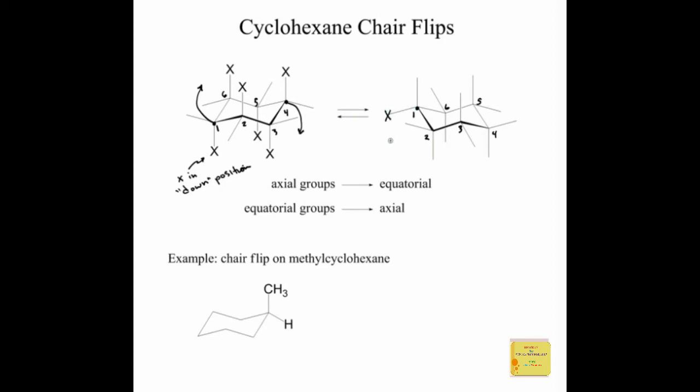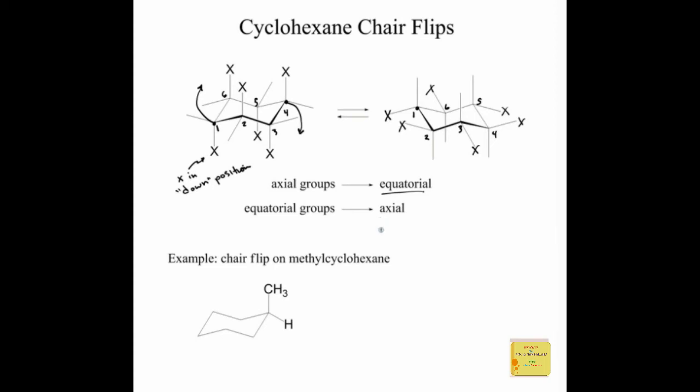It's right here. Carbon 2 has an X up. Carbon 2 still has an X up, and they alternated. Down, and then up, down, and then up. And look what happened. All of our axial groups are now equatorial, and all of our equatorial groups have become axial. So this is called a chair flip.